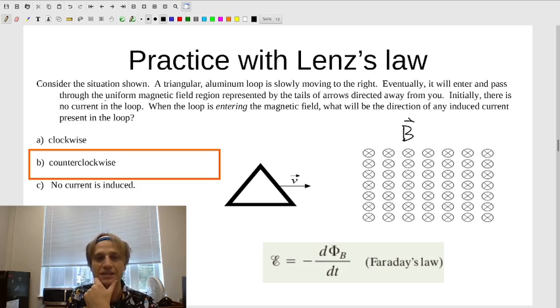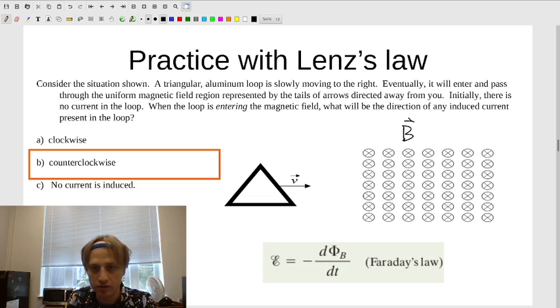When the loop is entering the magnetic field, what will be the direction of any induced current present in the loop? So this is an application of Faraday's law, and we are now focusing on this minus, which we call Lenz's law. So think about it.